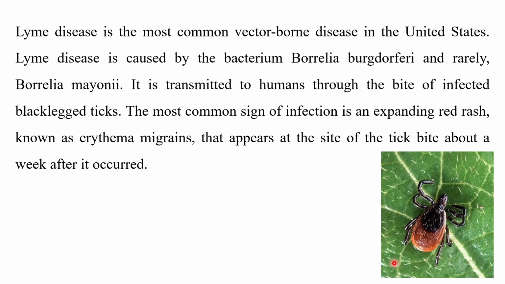It is transmitted to humans through the bite of infected black-legged ticks. The most common sign of infection is an expanding red rash known as erythema migrans that appears at the site of the tick bite about a week after it occurred.